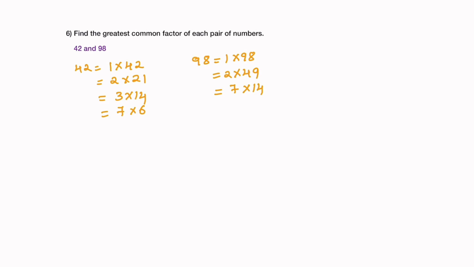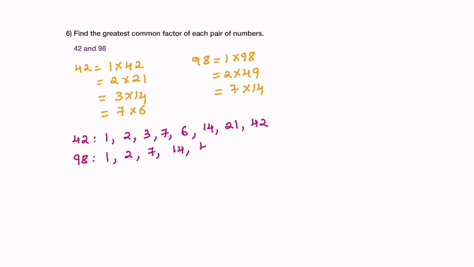So let's list down the factors of each one. So 42 is 1, 2, 3, 6, 7, 14, 21, and 42. 98 is 1, 2, 7, 14, 49, and 98.